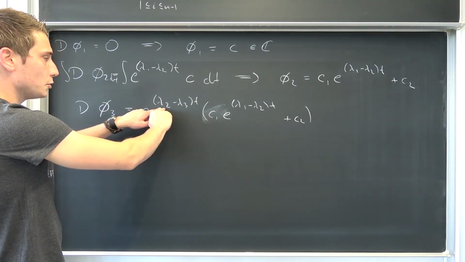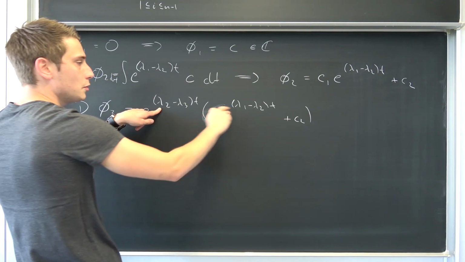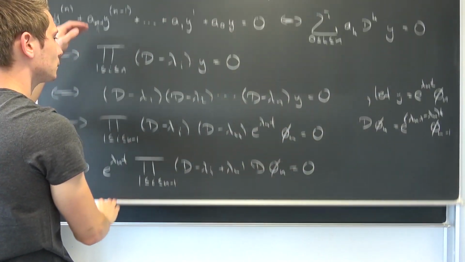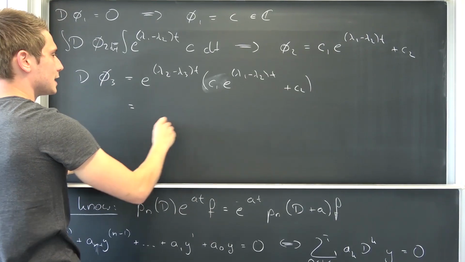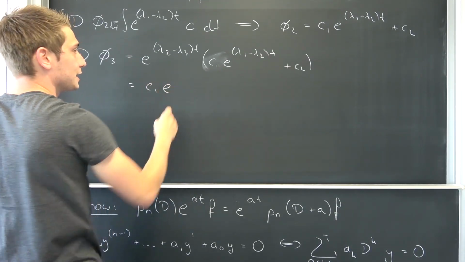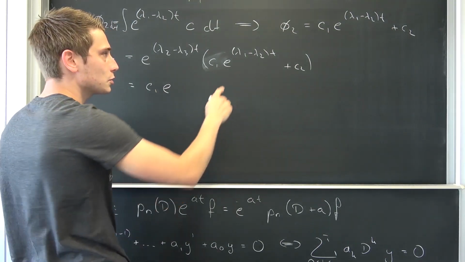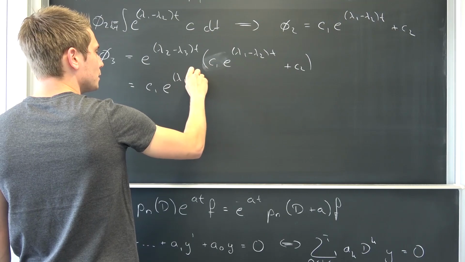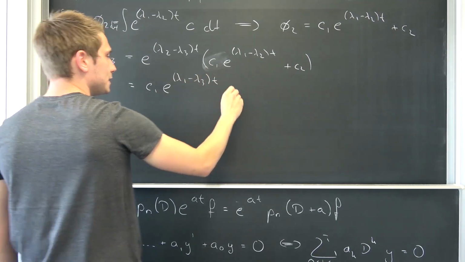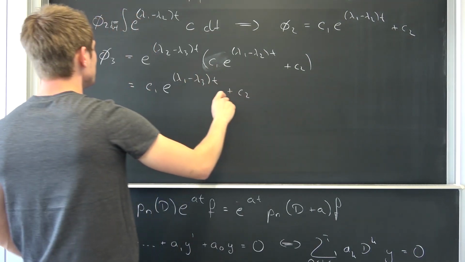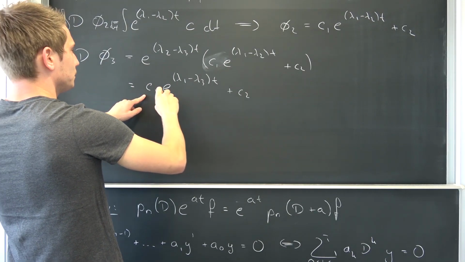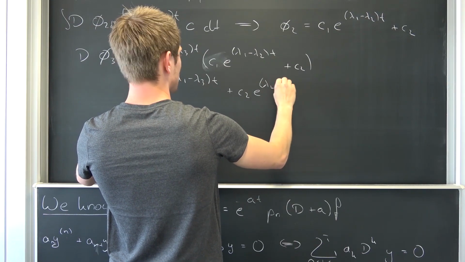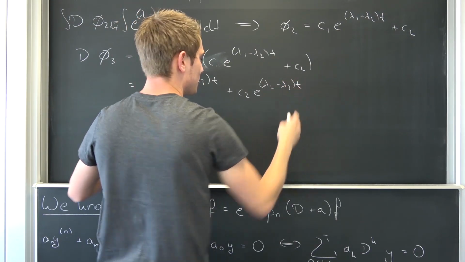Overall, c2, lambda 2 and negative lambda 2 are going to be eliminated, leaving us with c1 e to the, and I want you guys to notice lambda 1 is going to be preserved right here, (lambda 1 minus lambda 3) times t plus c2 e to the (lambda 2 minus lambda 3) times t.